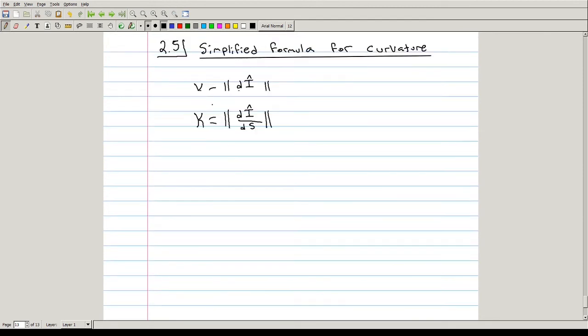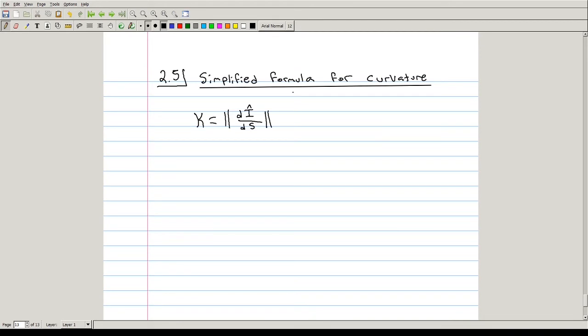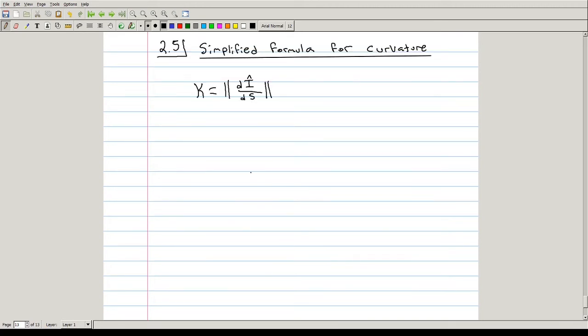The reason this is a simplified formula for curvature is because it's going to depend not on arc length but on any parameter. This expression right here is just dealing with the derivative with respect to arc length, but sometimes parameterizing with respect to arc length is tough if you just have a vector valued function of a scalar variable defined in terms of some arbitrary parameter t.